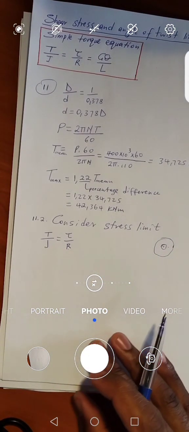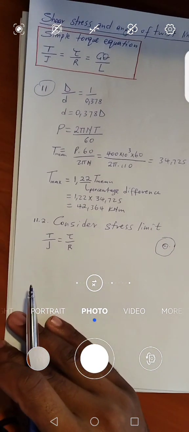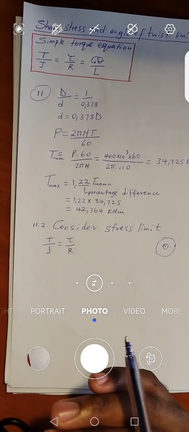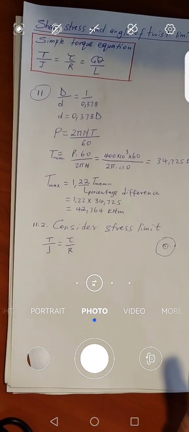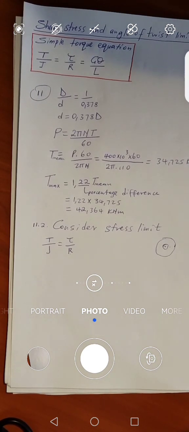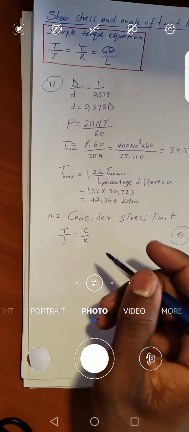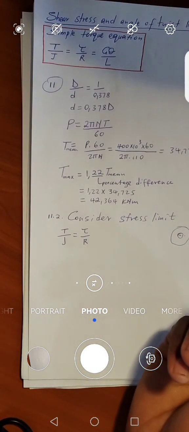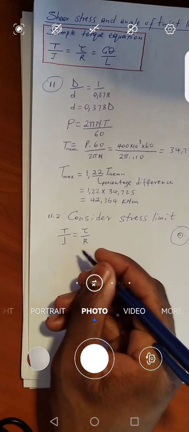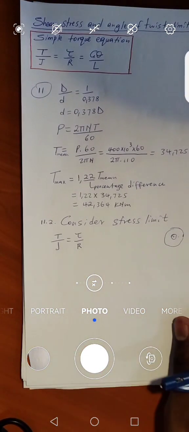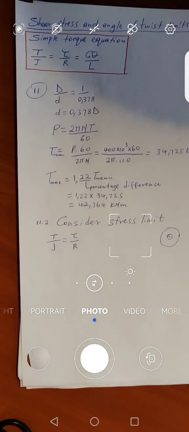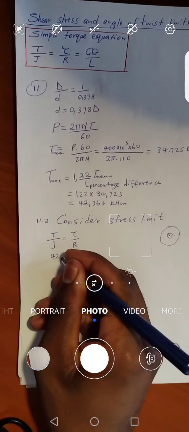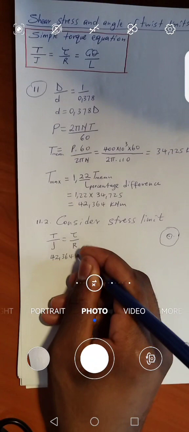Remember, what we are trying to do here is to find the shaft size that we can use, so that the stress that will develop in that shaft as we apply the torque won't be more than 70 MPa. It's really up to you how we are going to do this. It's just mathematics. Let's substitute T, the maximum torque, 42,364 times 10 to the power 3.